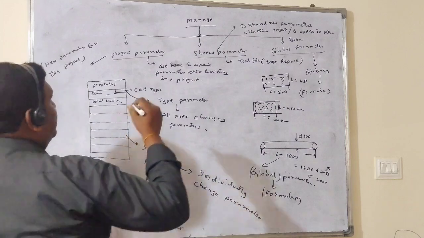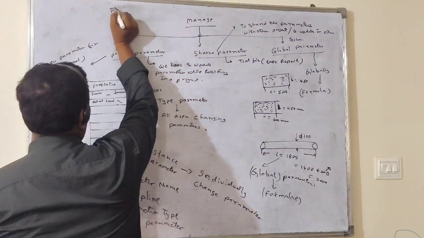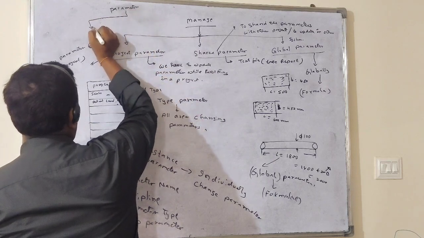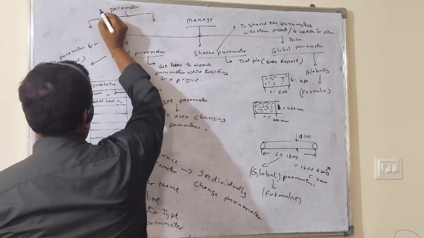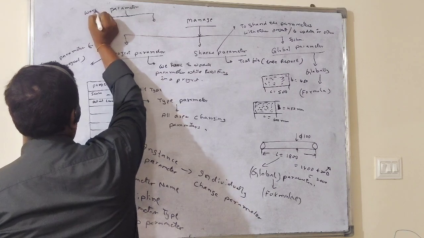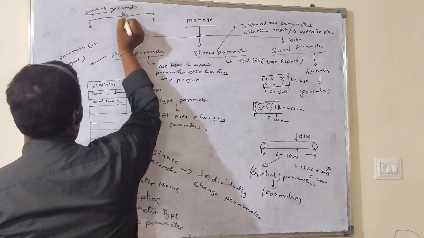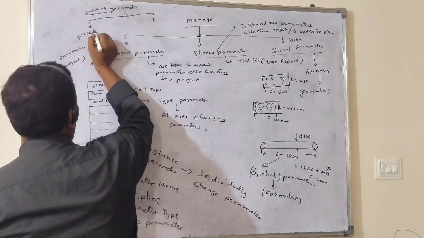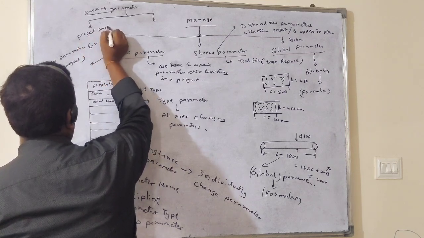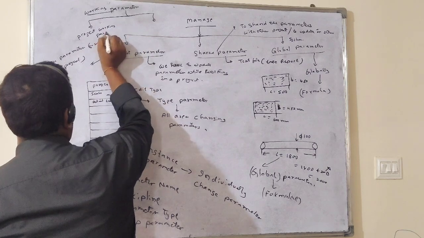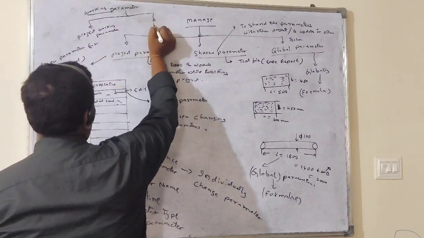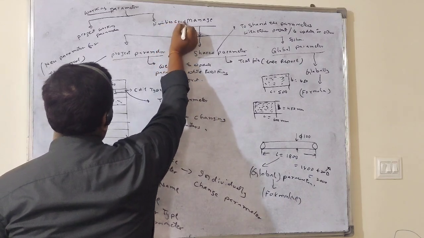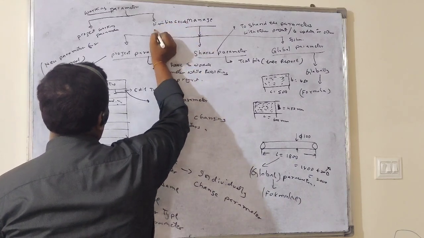Okay, so these parameters will have two types. This we will call working parameters. Working parameters have two types: one is project working parameters, and another is family creation parameters, because these parameters are also utilized for family creation.